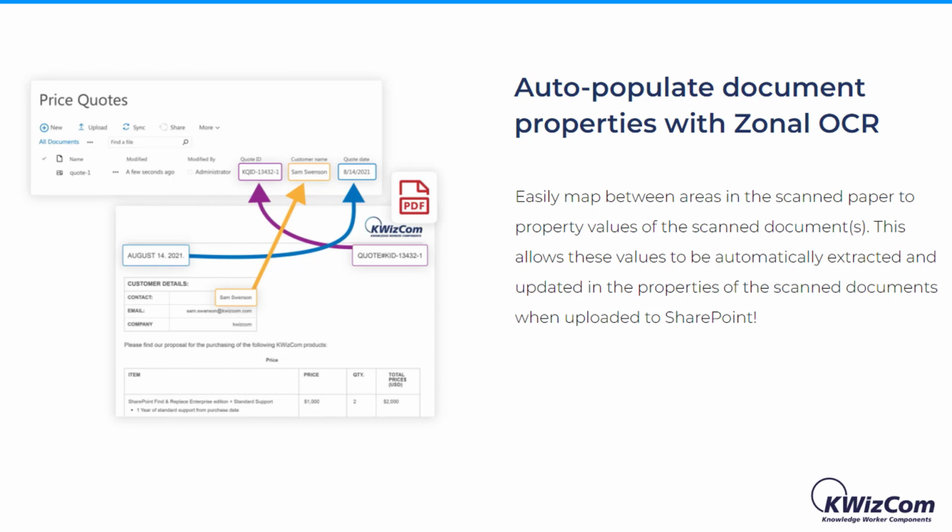By mapping these areas in a template, when you bulk scan many of these pages, you won't need to tag them later on. You won't need to manually update their properties because the produced PDF documents will have their properties updated automatically by the Zonal OCR feature. And of course, I will show this in the upcoming demo.